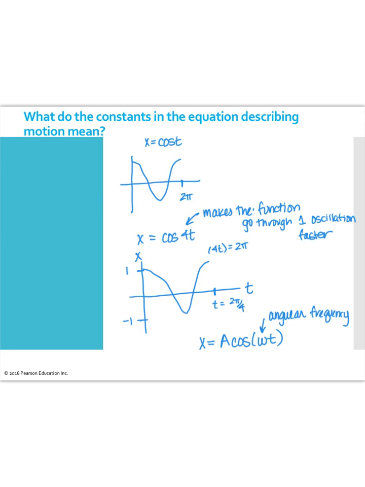Well, that's something we need to know, because this angle is going to be expressed in radians. And this is the first time that if you do a calculation where you have to calculate x, the angle actually does have to be in radians. Anyway, so we call omega the angular frequency.